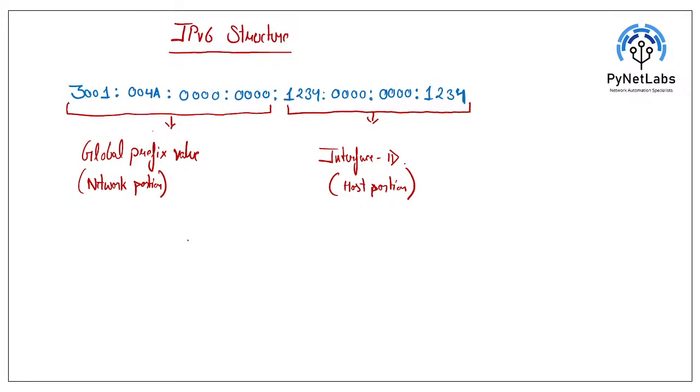As you can see, it's a 128-bit address, so it is also possible to make this address shorter. By default, these 64 bits are considered as the global prefix values, and it's not recommended or mandatory that they stay constant. We can change this global prefix value, but as of now there is no need to change, so we'll not do anything like that.